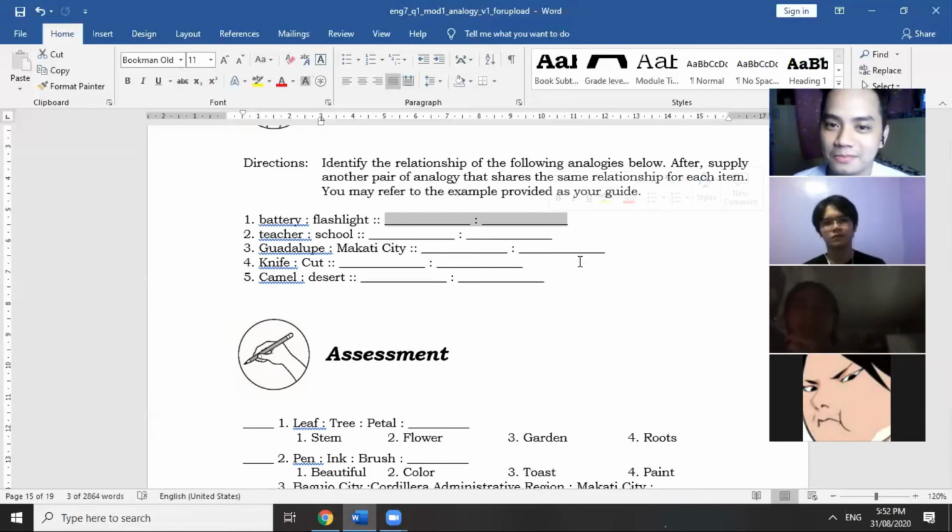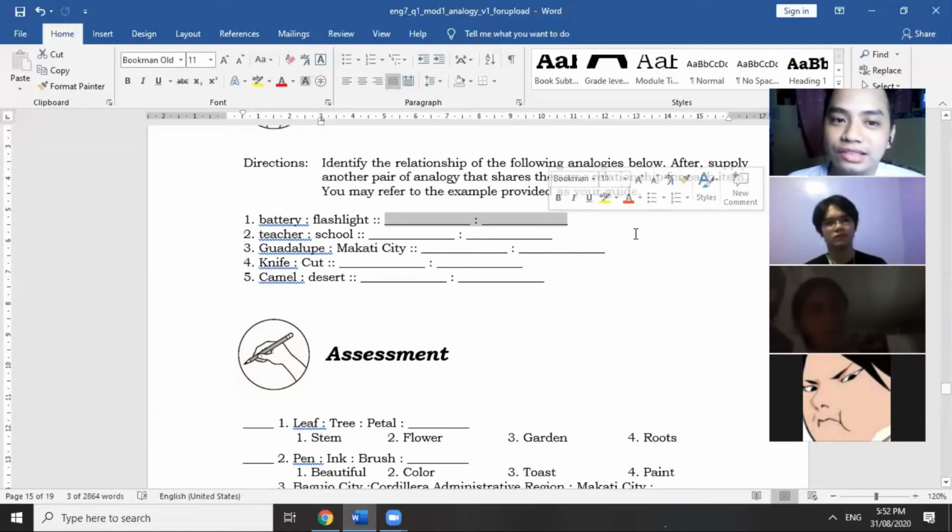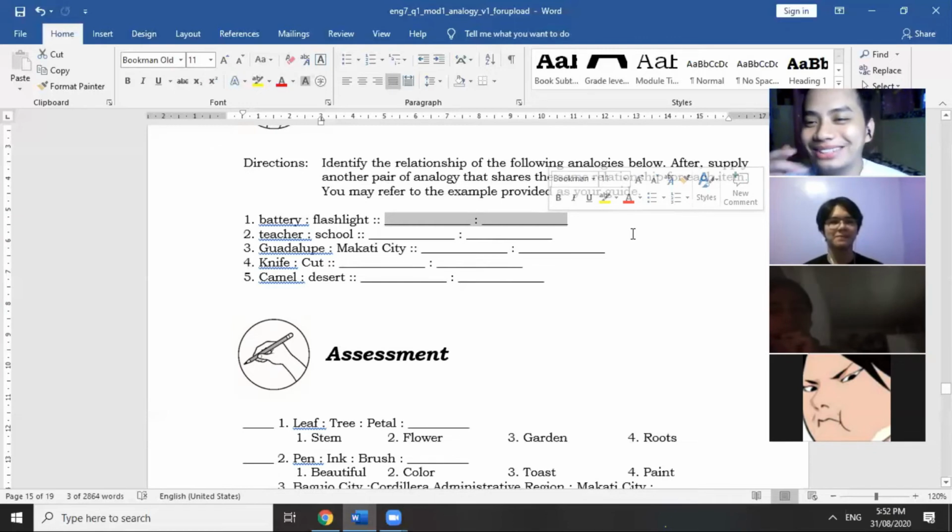Gasoline is to vehicle. Vehicle. Can you spell that out? Vehicle, sasakyan.